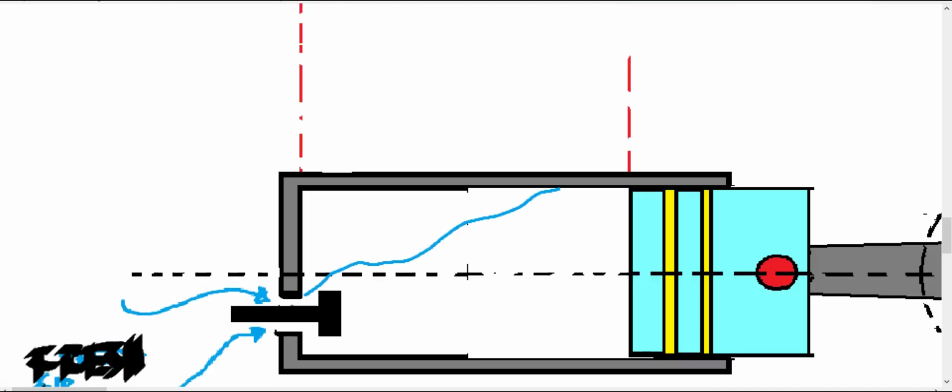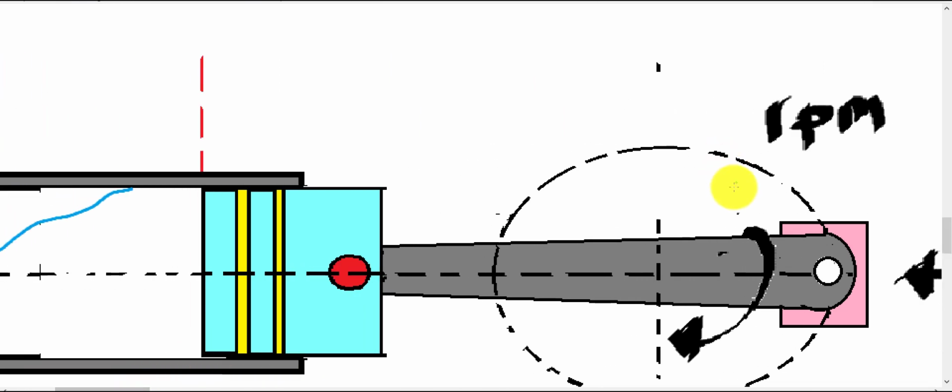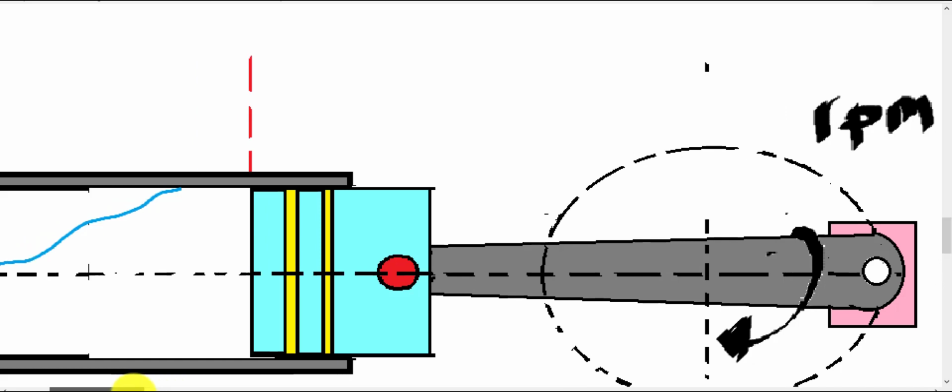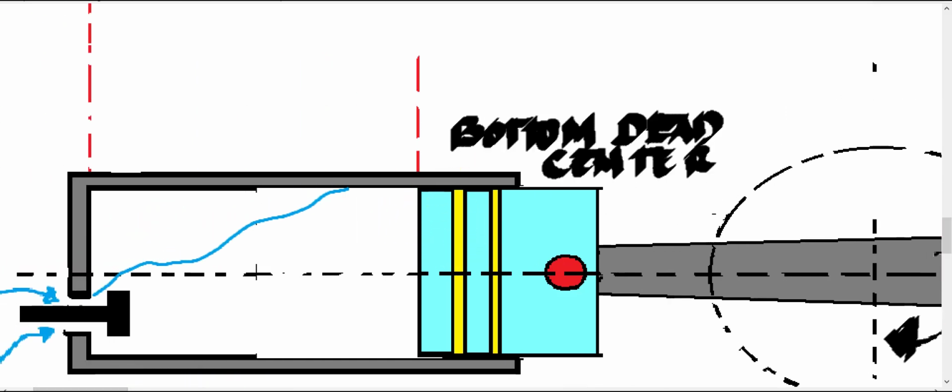Now during the suction stroke, our piston moves down, so our crankshaft rotates. Nag-ikot na yan. Then our piston moves to the bottom dead center from the top dead center. So we have here your top dead center. Okay.